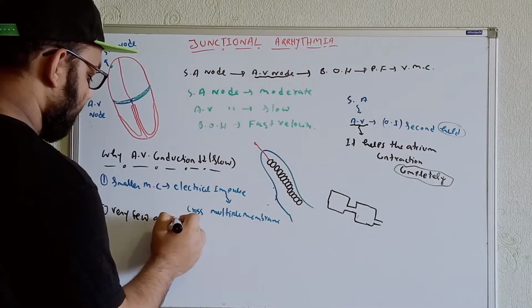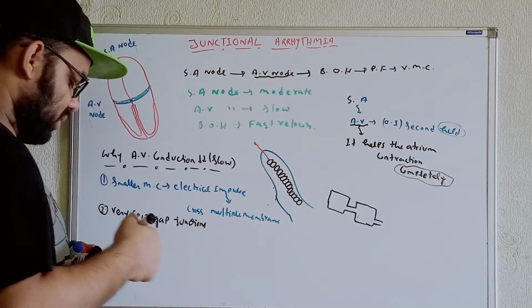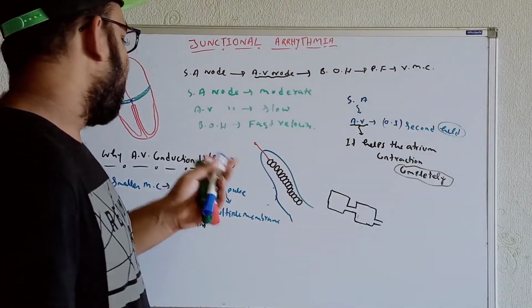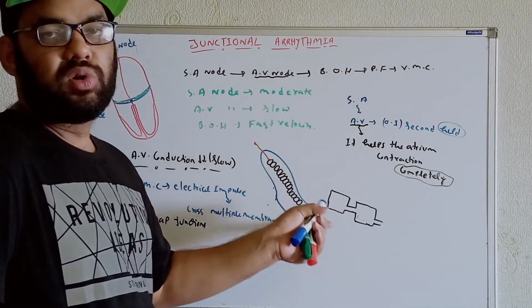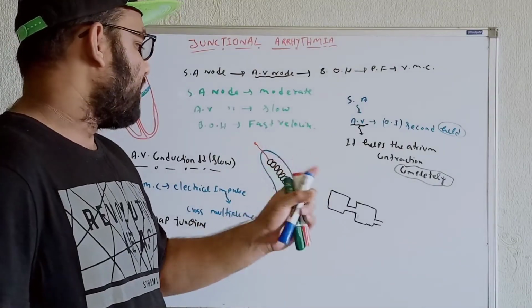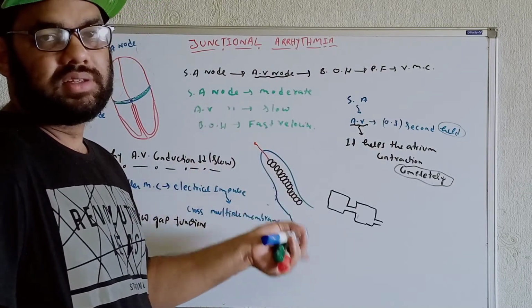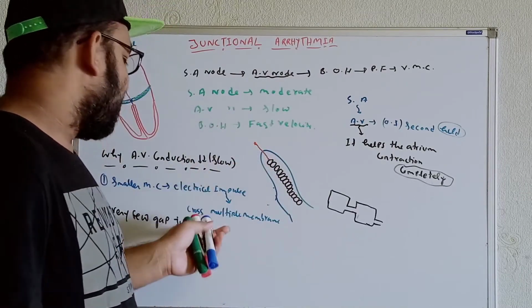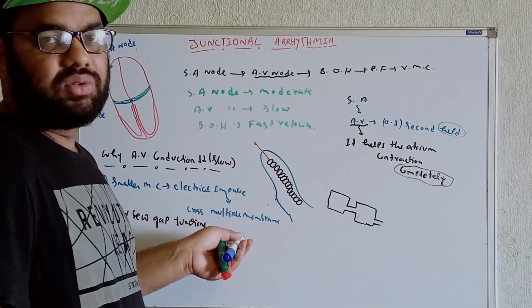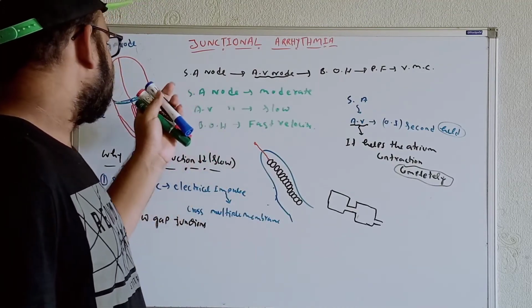If we get very few gap junctions, definitely the conduction will be slower, because if it had more electrical windows or gap junctions, it would send the electrical impulse very soon. But due to the lack of gap junctions, it needs more time to send the electrical impulse from the AV node to the ventricles.